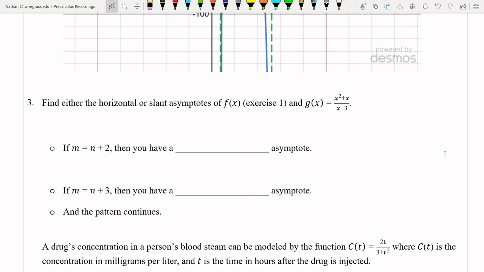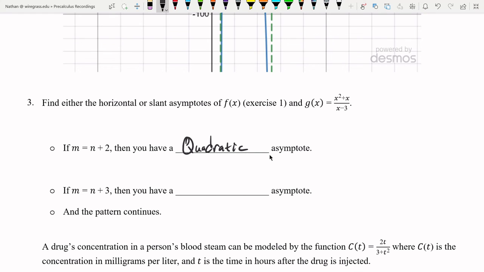Now, if m equals n plus 2, so if it was m equals n plus 1, that was a slant asymptote or a linear asymptote of some kind. If it's m equals n plus 2, that means the top degree is 2 greater. And when you do the division, you're going to get a quadratic as your answer. So this gives us a quadratic asymptote.